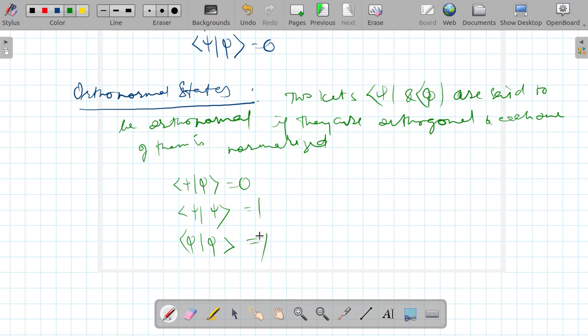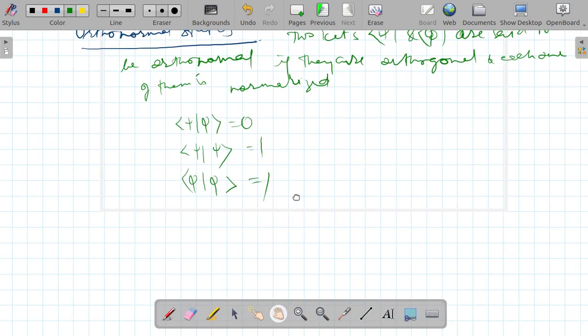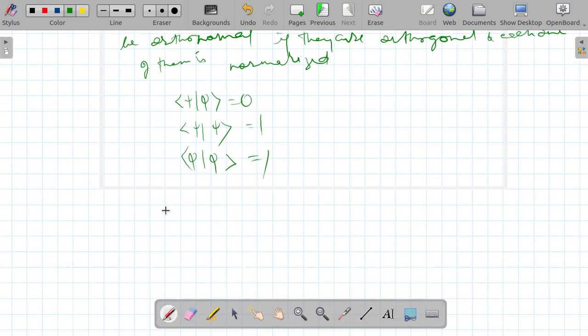These are the conditions for orthonormality, and in general we can write the condition as the scalar product of psi i and psi j equals delta i j. This is how we define some properties of two vectors which are orthonormal.